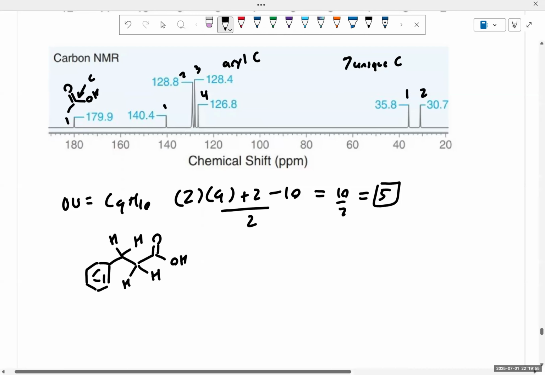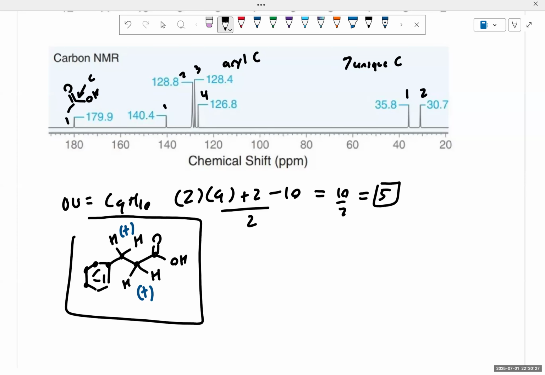Okay, that in turn yields the pair of triplets. From here, we have a total of 1, 2, 3, 4, 5, 6, 7 unique carbons, which contributes the 7 carbons observed in the carbon NMR spectra. And thus, the chemical shifts observed in the proton and carbon NMR spectra match the following compound.